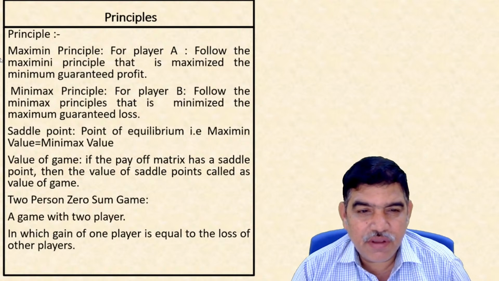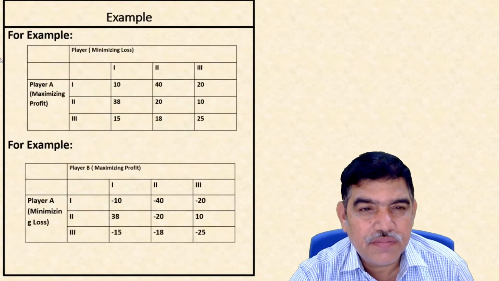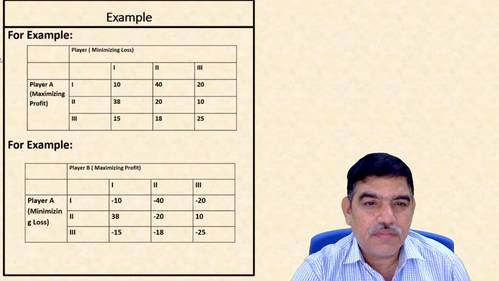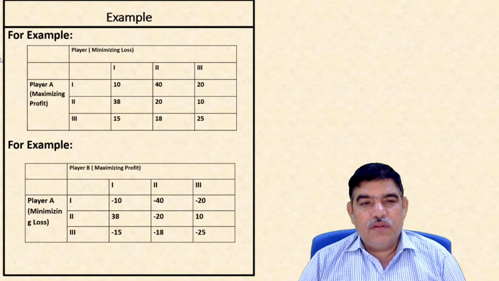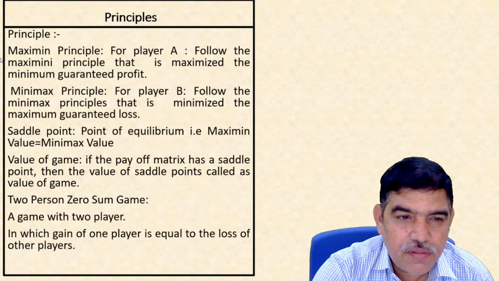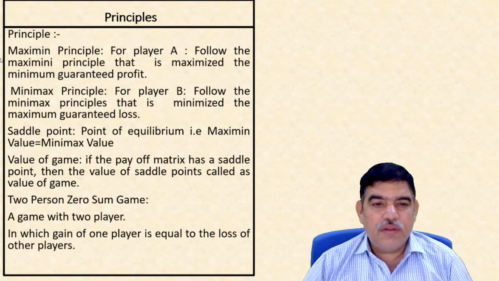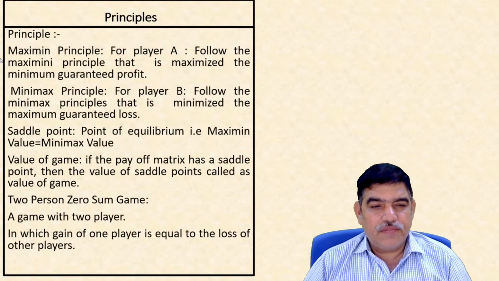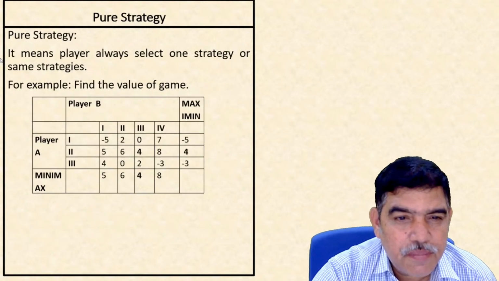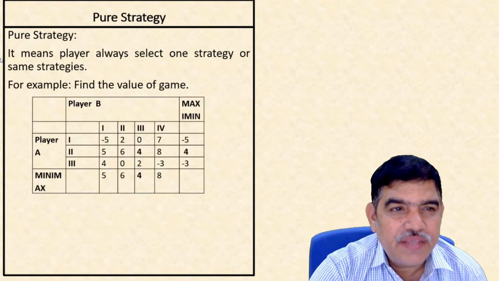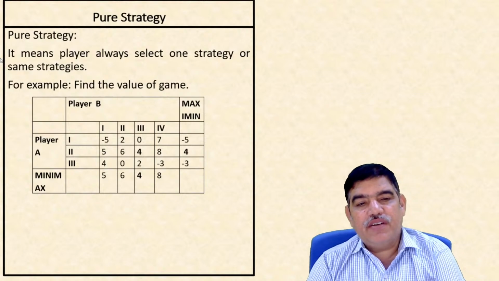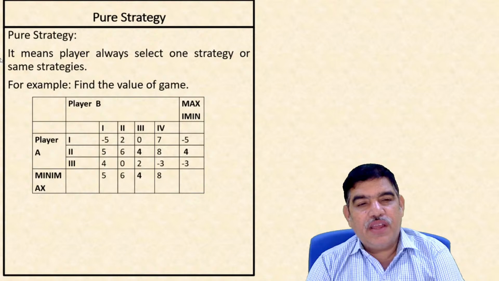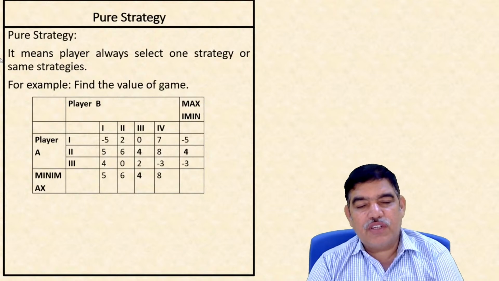Value of game. For example, I am explaining here: there is a table, player A and player B are there, player B having 4 strategies and player A having 3 strategies, and some values are negative and some are positive.